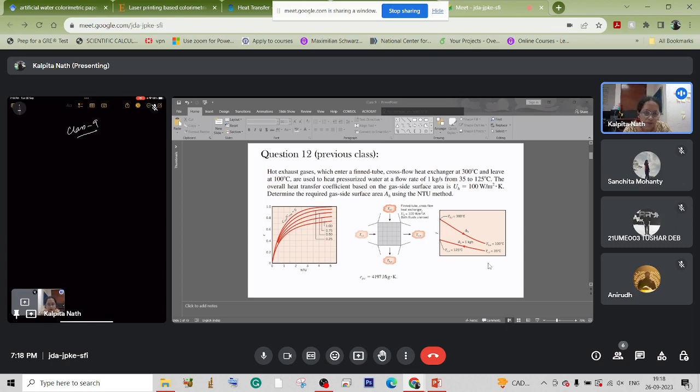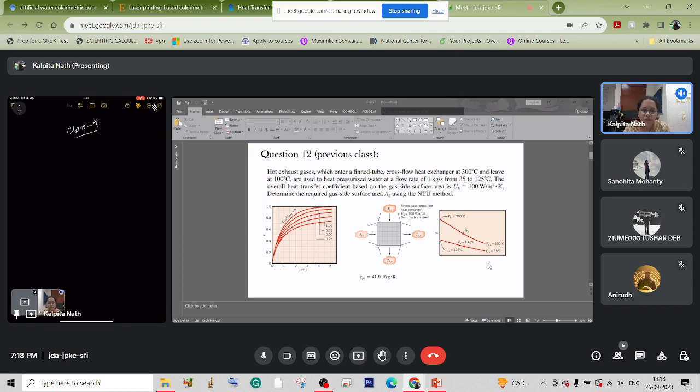They are used to heat pressurized water at a flow rate of 1 kg per second from 35 to 125. So the cold fluid is water entering at 35 degrees Celsius and leaving at 125, and the hot fluid is the hot exhaust gas entering at 300 and leaving at 100 degrees Celsius.